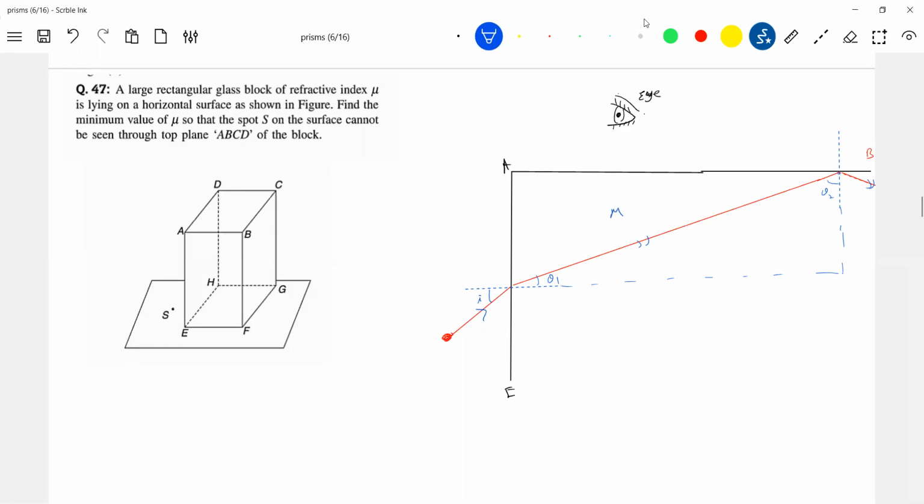So this should be the refractive index. This is A. This is some sort of, I'll bring the idea of a prism.